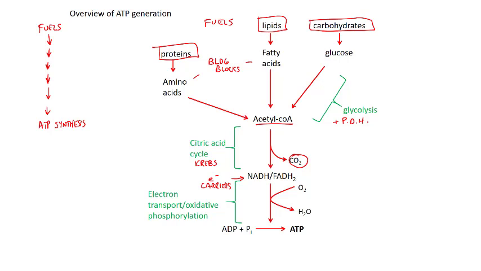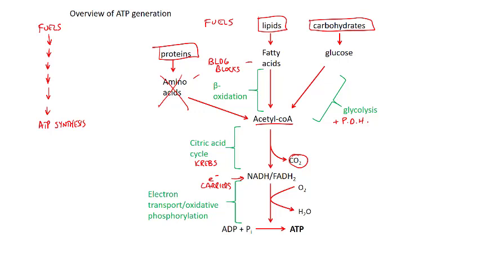We're going to talk about all of these pathways in this unit of the course. We're also going to spend some time talking about how fatty acids are made into acetyl-CoA, a process called beta oxidation. We're not going to talk about how amino acids from proteins are made into acetyl-CoA or used as other fuels. It's complicated, it's different for every amino acid, and to do it properly would take up too much class time.